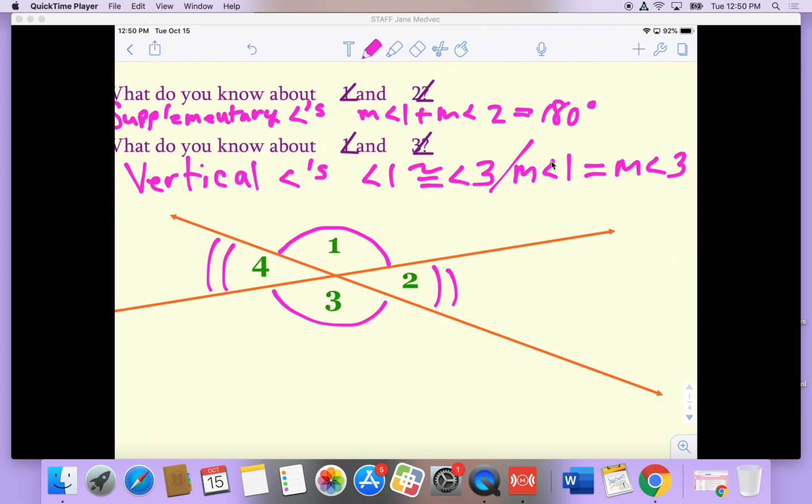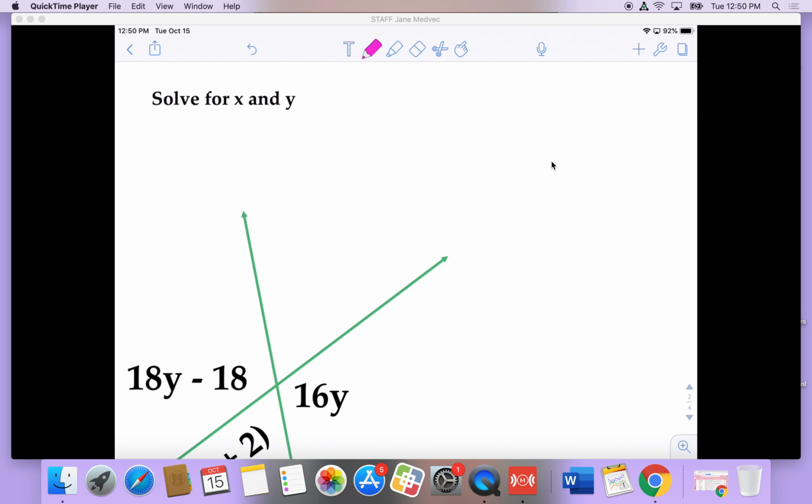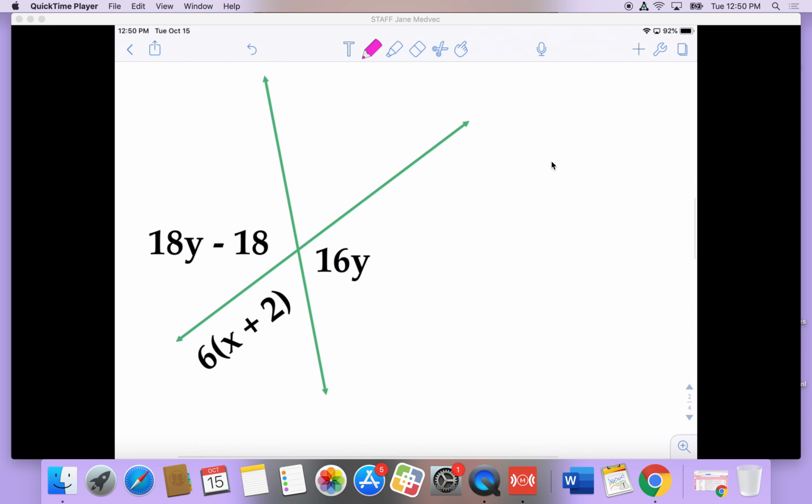Okay. Questions on this? Okay, let's keep going. It asks you to solve for x and y. Let's take a look at these. How do you want to solve these? What are some relationships we can come up with? 16y plus 6(x + 2) equals 180.